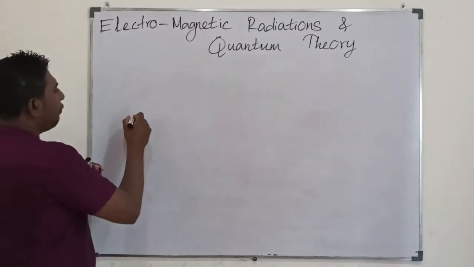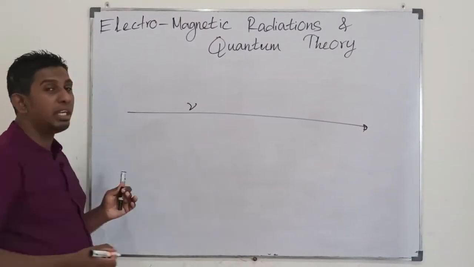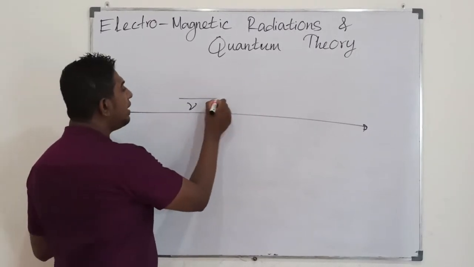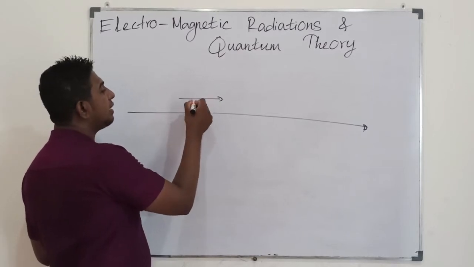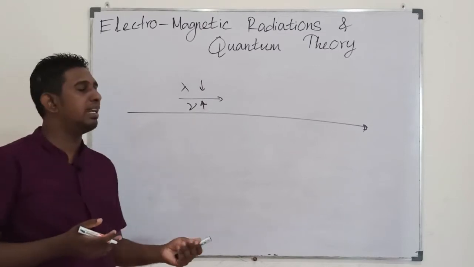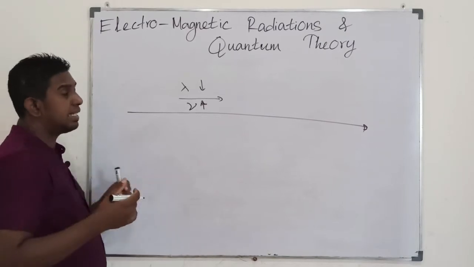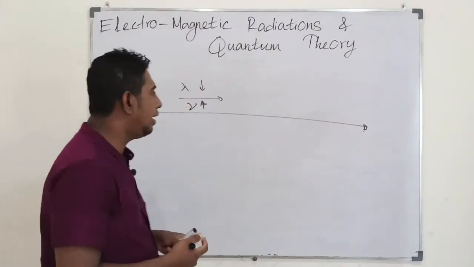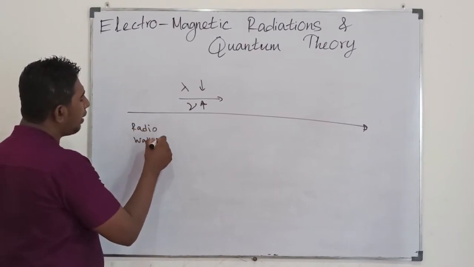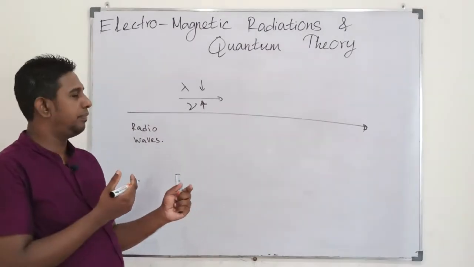Okay, so if we follow the direction, let's say, of increasing frequency, then in the same direction lambda, the wavelength, would decrease. So you would find the greatest wavelength with radio waves. Radio waves are the least in frequency.